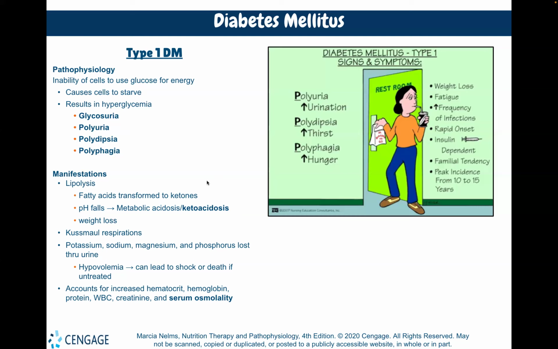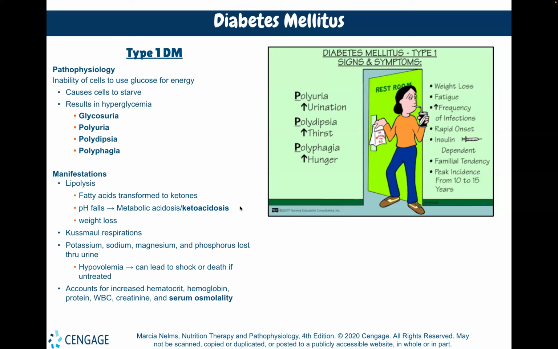Now, this can also happen in other people with type 1 diabetes, maybe if they forget to take their insulin. If this happens, the same problem can occur where their body will start to break down fats, push them into ketoacidosis. And if we have severe ketoacidosis, that person can be diagnosed with something called DKA or diabetic ketoacidosis.